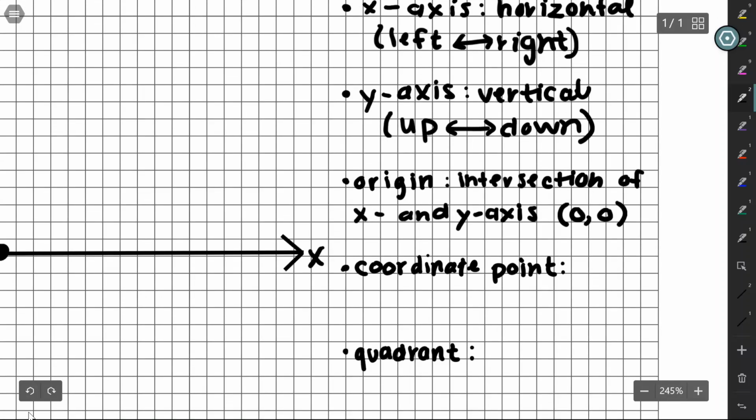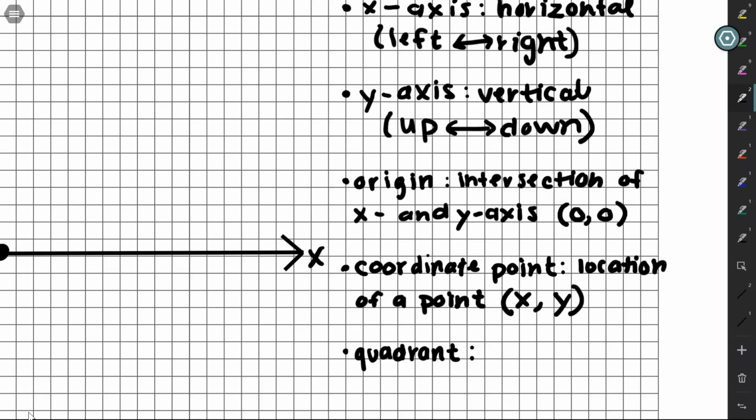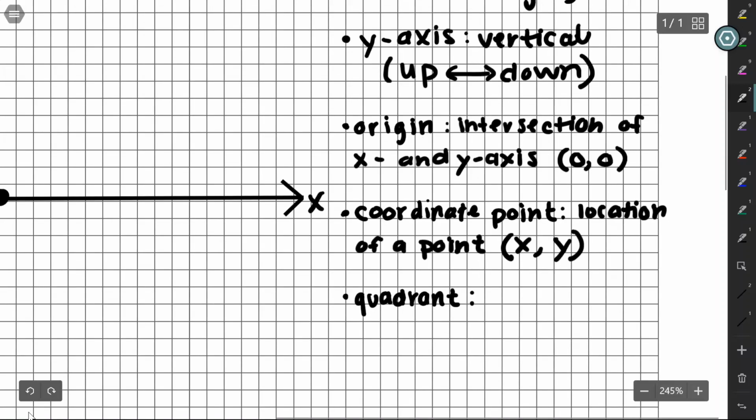Alright, and a coordinate point is the location of a point, and it is always written as x, y. So our x value tells us where on the x-axis the point is. Our y value tells us where on the y-axis our point is.